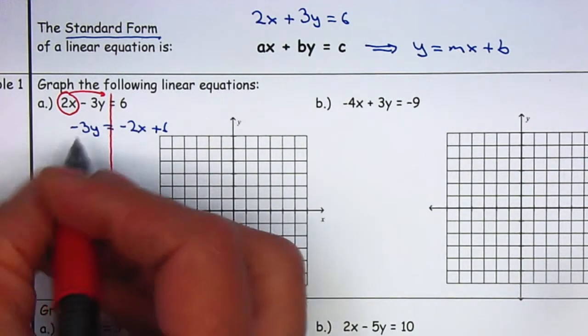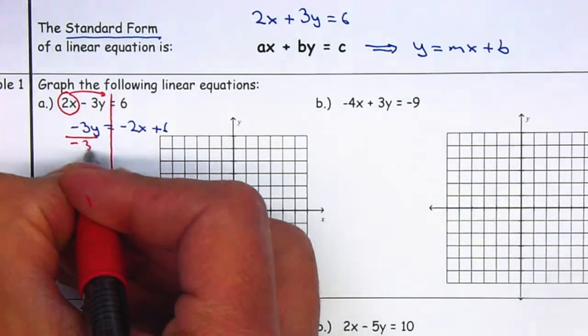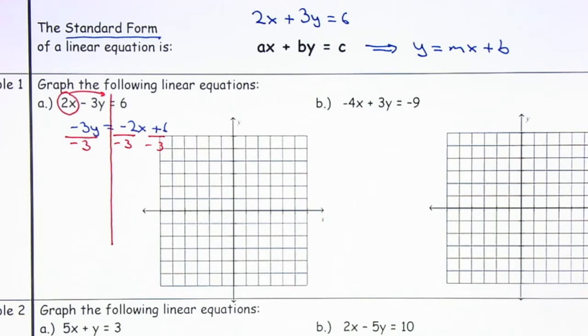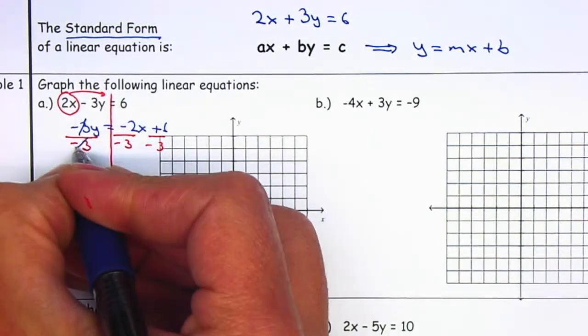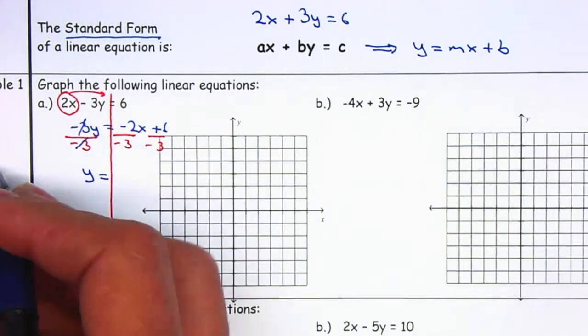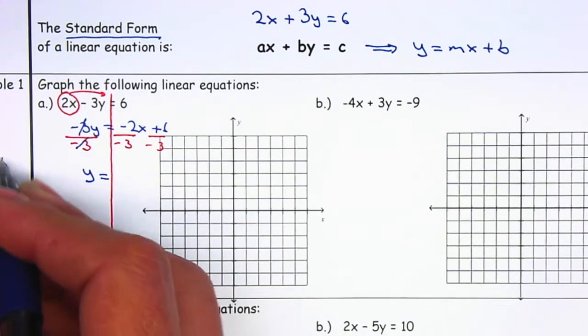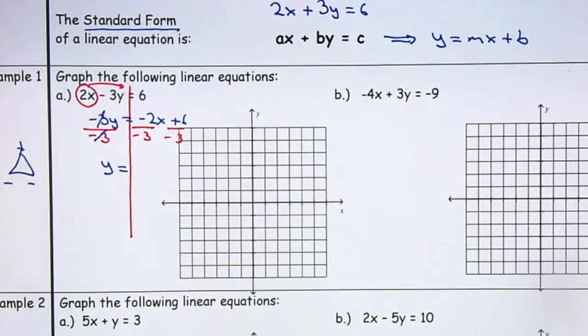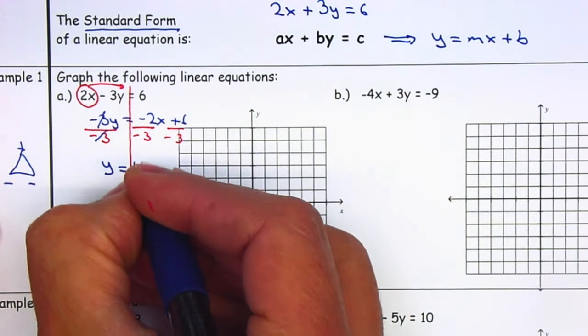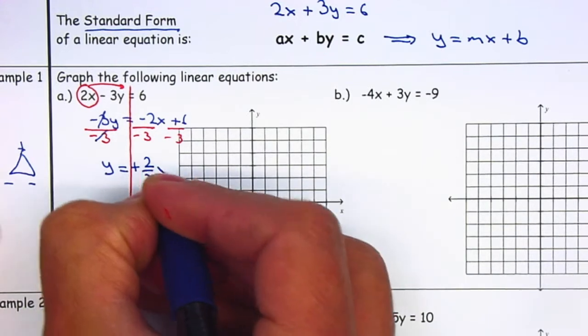We want to leave the y by itself, so we're going to divide by negative 3, divide by negative 3, divide by negative 3. The negative 3's cancel. We have y is equal to negative and negative, using your triangle. When we are dividing a negative and a negative, it's going to give us a positive. So we have positive 2 over 3 x.